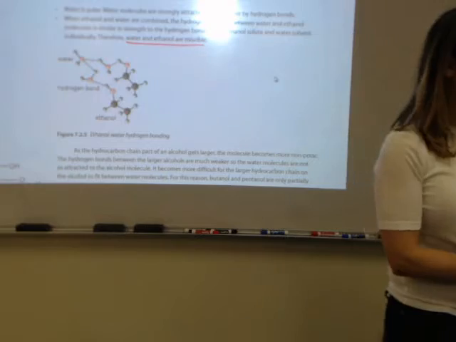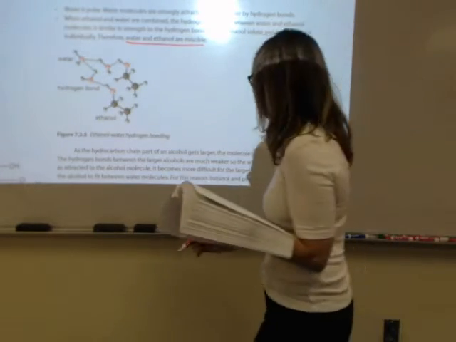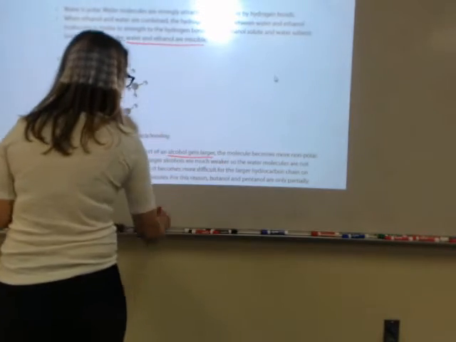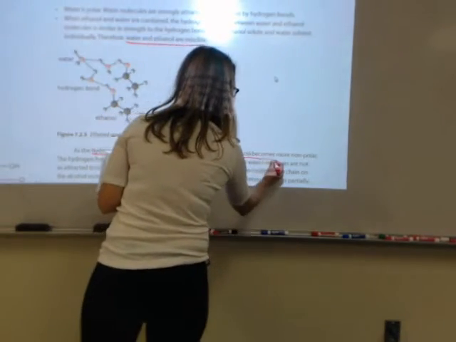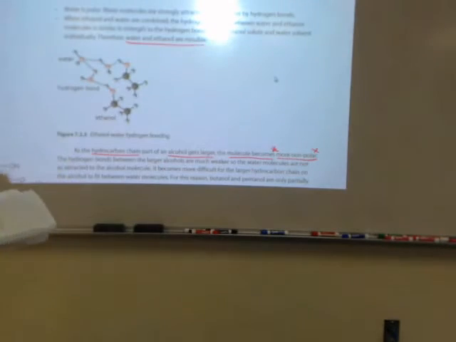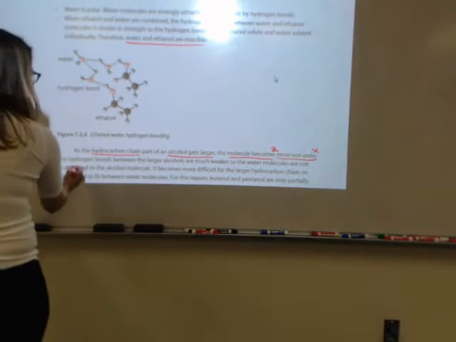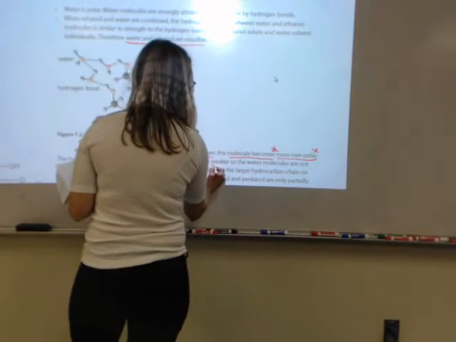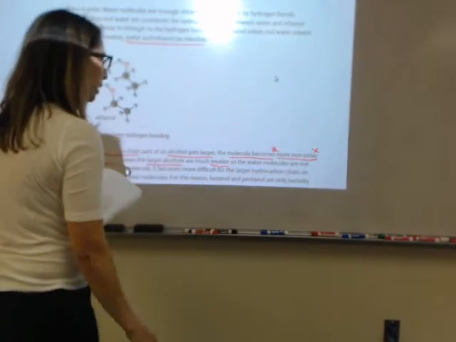Now, what happens if the hydrocarbon chain gets larger in different alcohols? Then that molecule becomes more nonpolar. And it's really, really hard for the hydrogen bonds between the larger alcohols to form. So that means the hydrogen bonds are weaker.